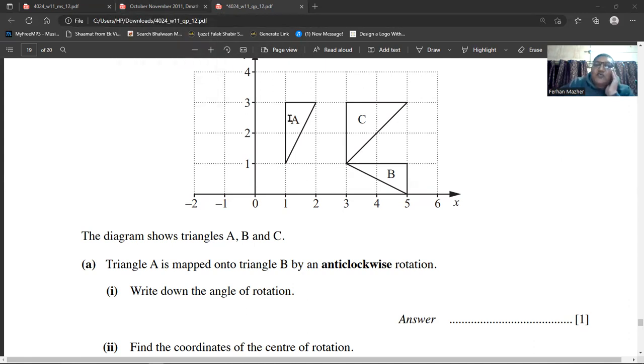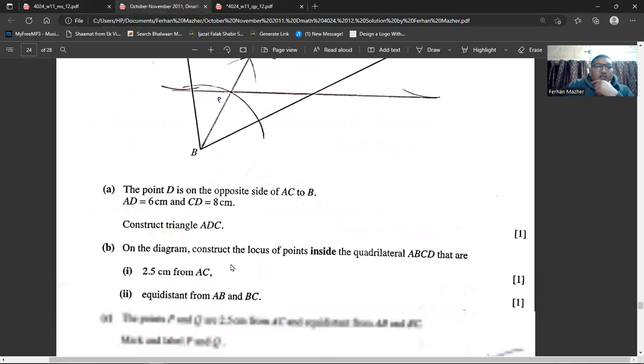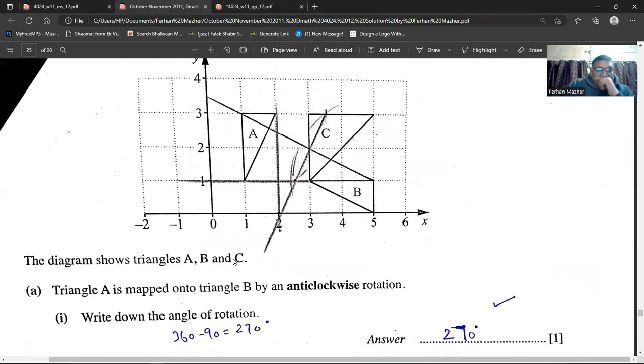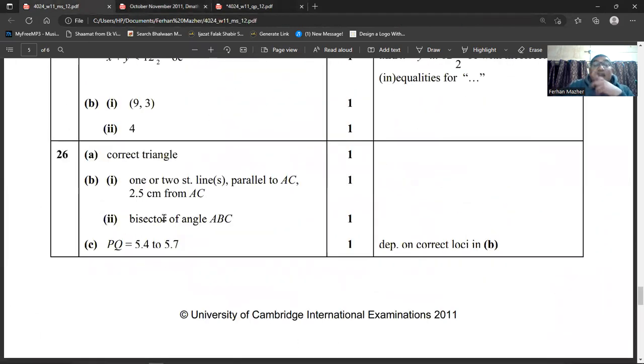You can put the set square here like this, like A, and then rotate it anti-clockwise and check how much degree you have to rotate it to come into the orientation of the triangle B. So that will be 270 degree. 270 degree anti-clockwise.